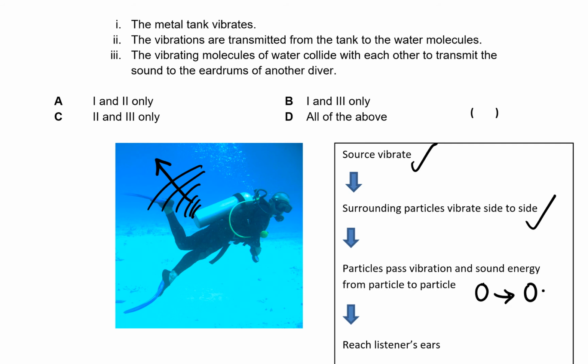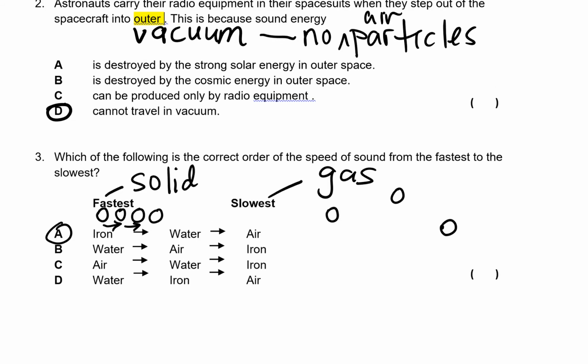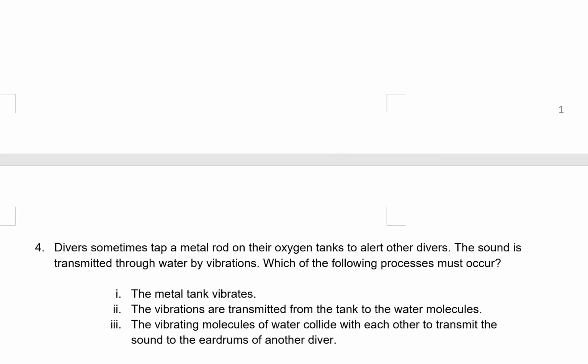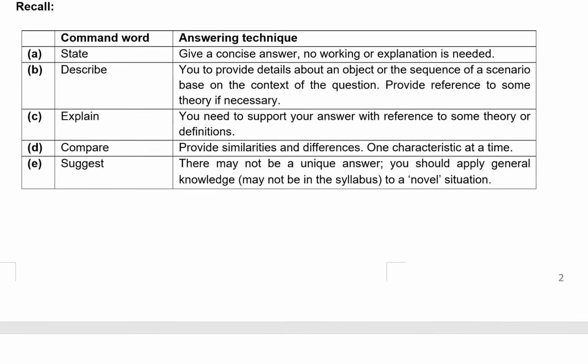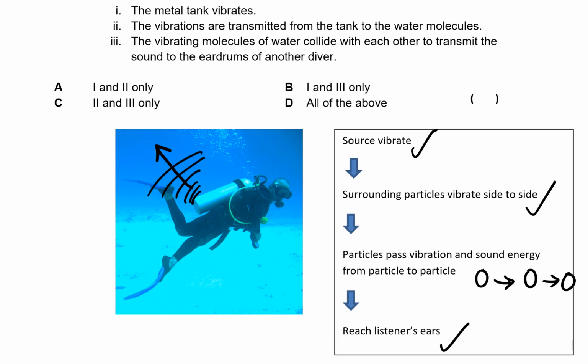So take note of this little template of how you answer the question. Until the sound energy reaches the listener's ears, or wherever the question talks about. Okay, in this case, all the three processes need to be there. So D is the answer.